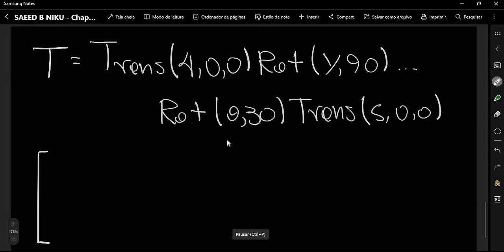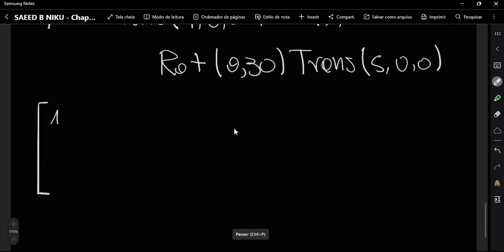the first is the translation. So remember, when we are doing a transformation of translation, we have this identity matrix, which is characteristic of a transformation of translation.